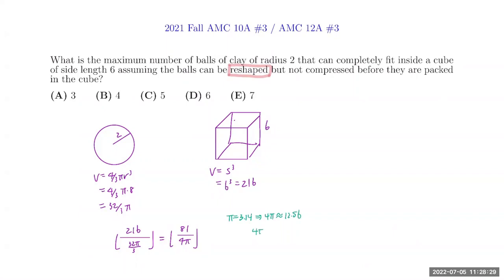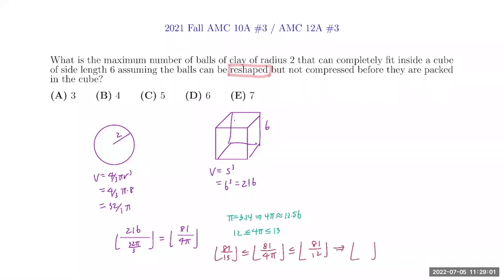This gives us that 4 pi is less than or equal to 13 and greater than or equal to 12, which also means that the floor of 81 over 4 pi is less than or equal to the floor of 81 over 12, and it is greater than or equal to the floor of 81 over 13. So let's take a look at what 81 over 13 floored and 81 over 12 floored are.